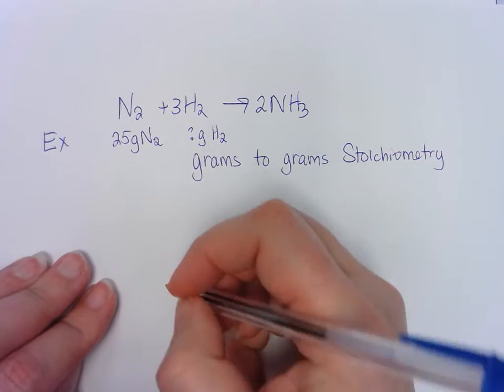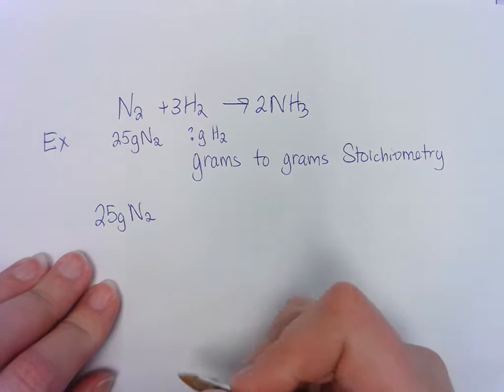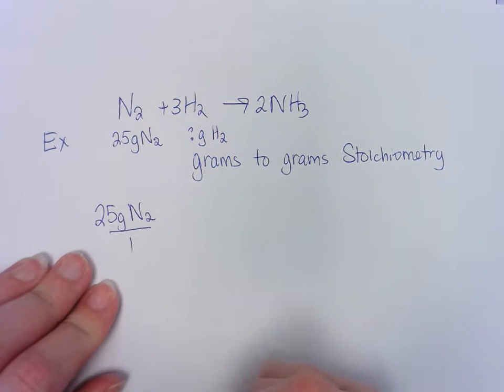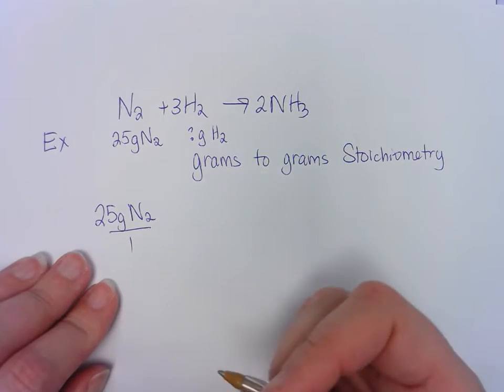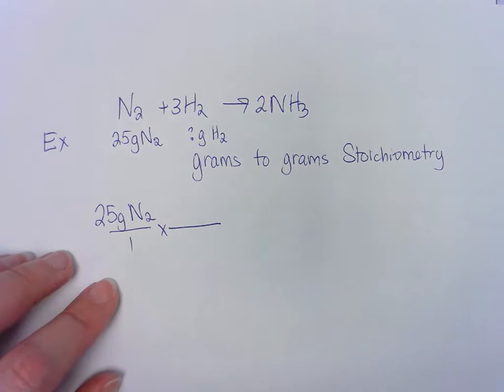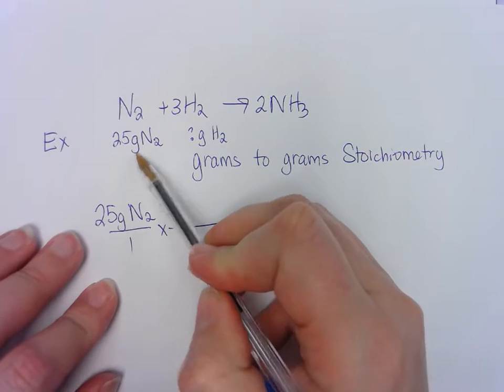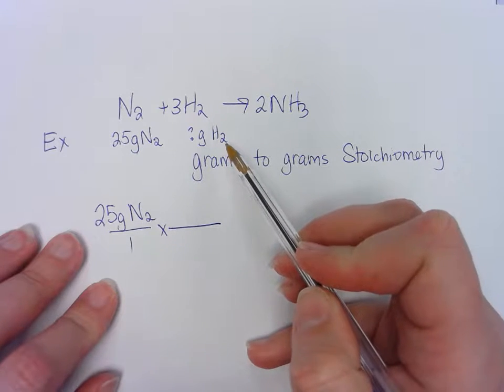To start this problem, we're going to take the number that they give us, the 25 grams of N2, and put it over 1 because that's what we do when we're starting with conversions.